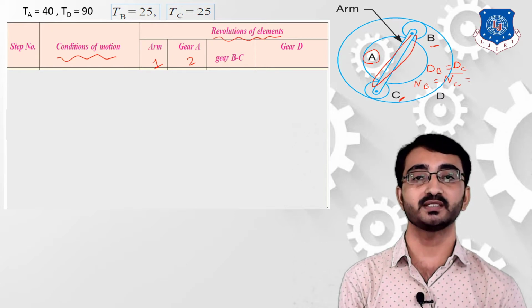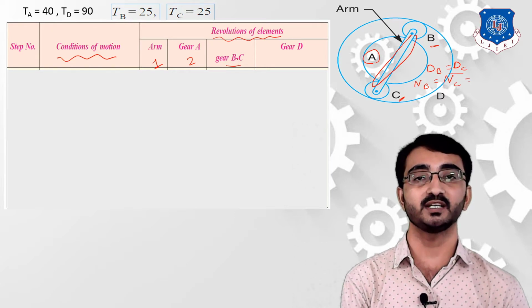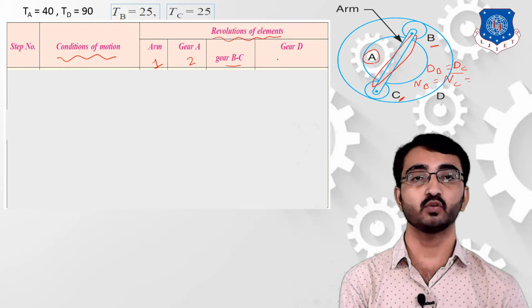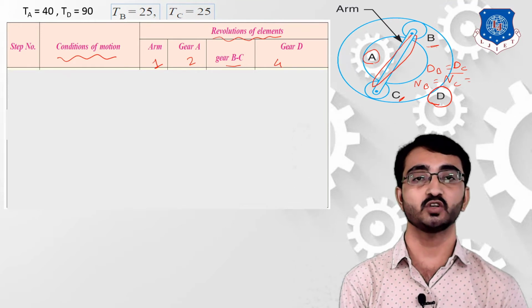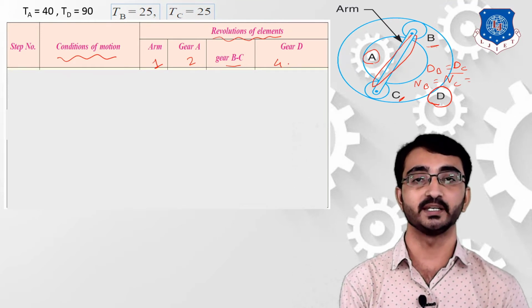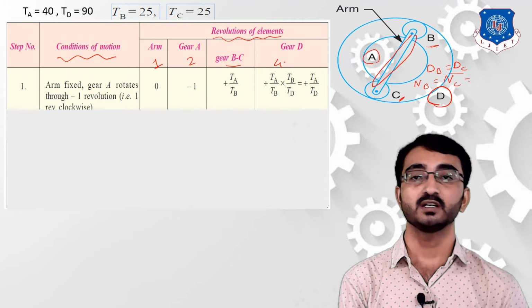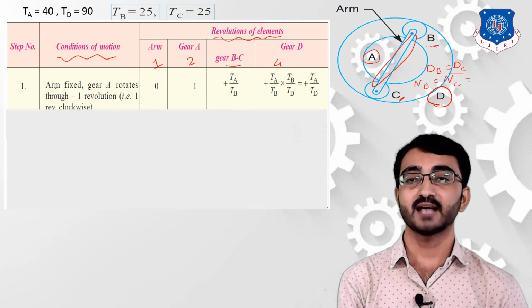So we have to consider gears B and C as a single unit. The fourth component is the ring gear, that is gear D. Now the first condition: let's consider the arm is fixed.